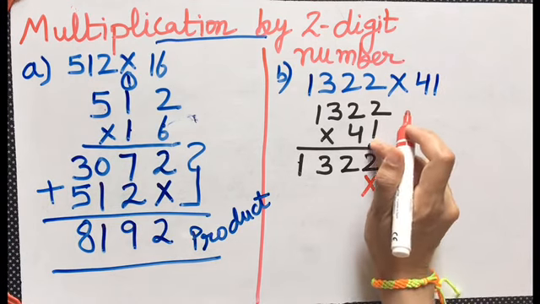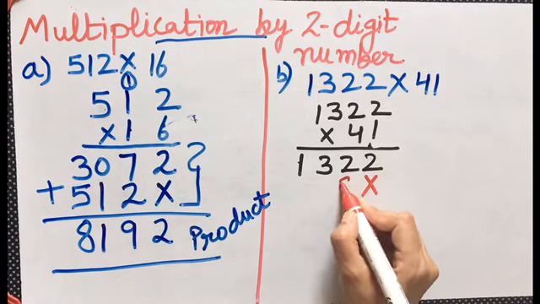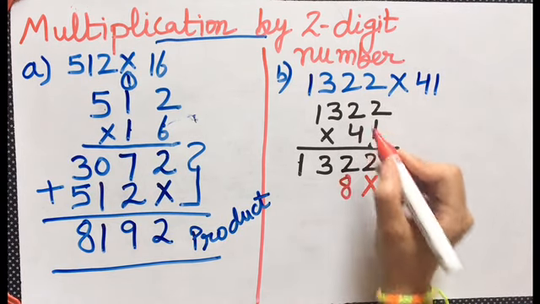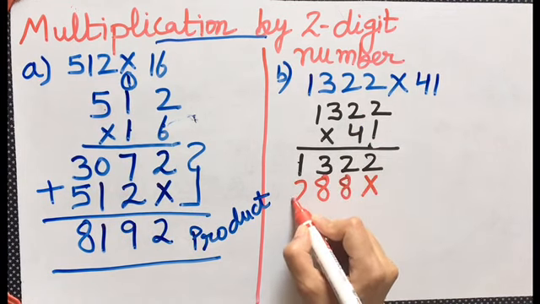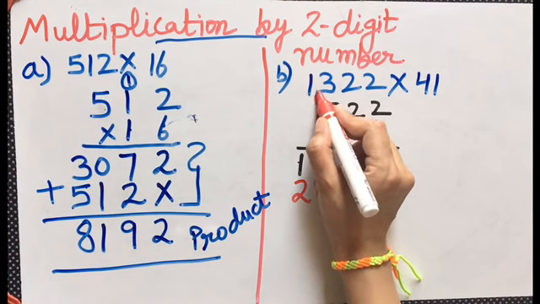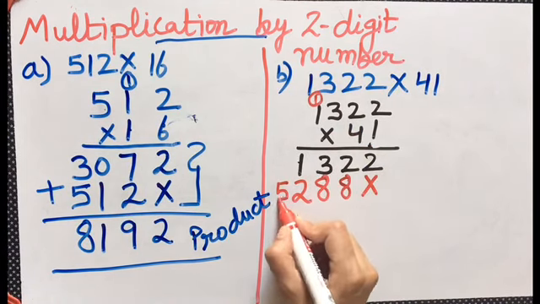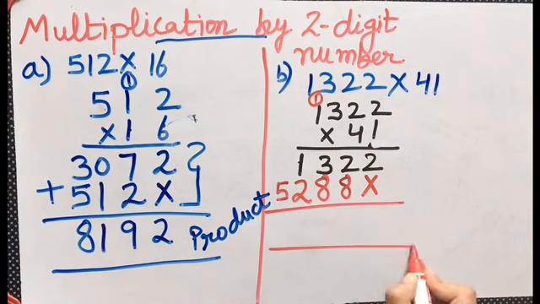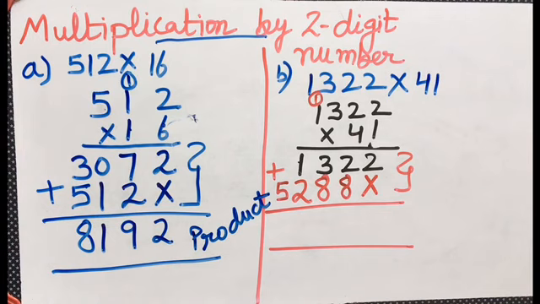Now, next thing is multiply by 4. 4 twos are 8, 4 twos are 8, 4 threes are 12, 2 here and 1 will go at this place. 4 ones are 4 plus 1 is 5. Now, add them. We will have to add these two, just the below numbers.